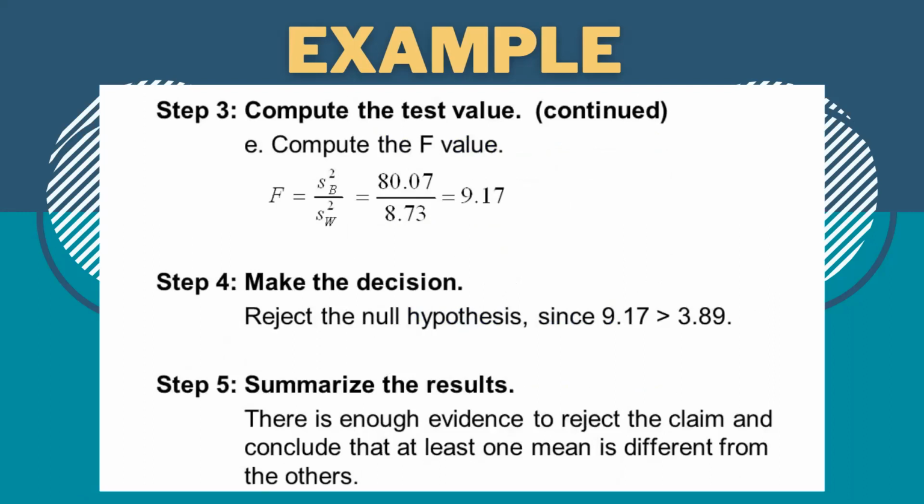Then we will make the decision to either reject or accept the null hypothesis. In this case, the null hypothesis is rejected because the F value comes out to be 9.17, which is far greater than the critical value 3.89. And in step 5, we will summarize the results: there is enough evidence to reject the claim and conclude that at least one mean is different from the others.